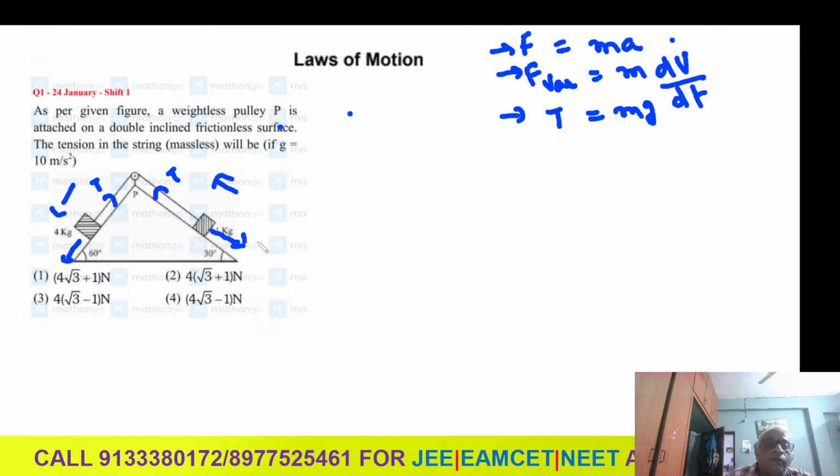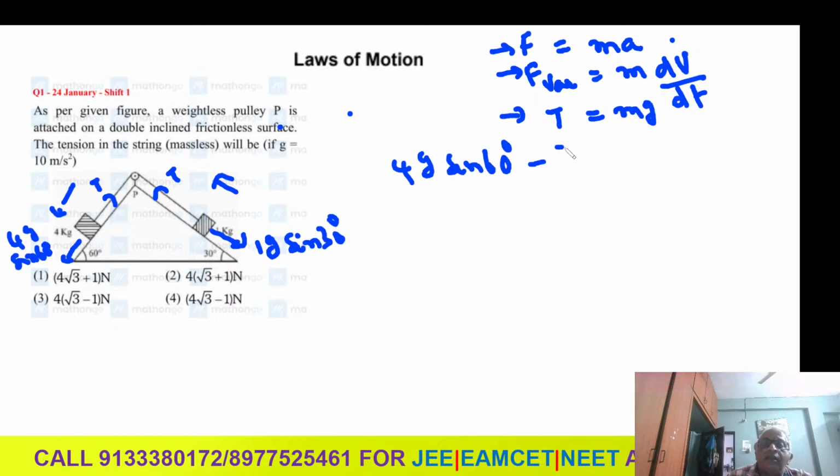This is nothing but 1g sine 30, mg sine 30, that concept you know I think. Here 4g sine 60. As it is coming down, this component 4g sine 60 will definitely be greater than tension.